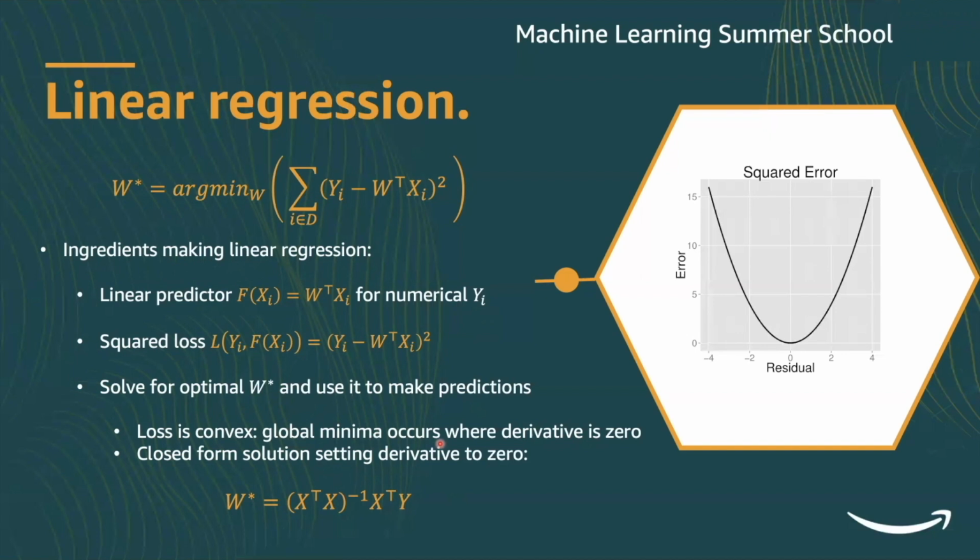And for linear regression, you can compute the derivative, set it to 0, and solve it analytically, and you will get this. This is something you can compute in closed form. Not always, because you'll have computational issues because of this inversion, particularly if you have very high dimensional feature spaces. But in theory, this is the solution.